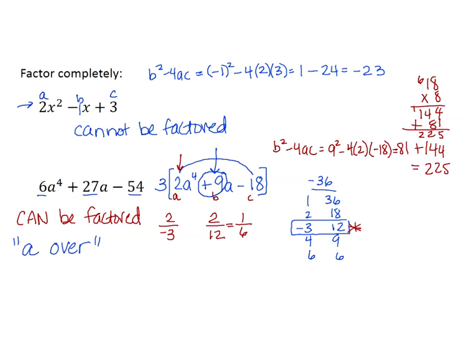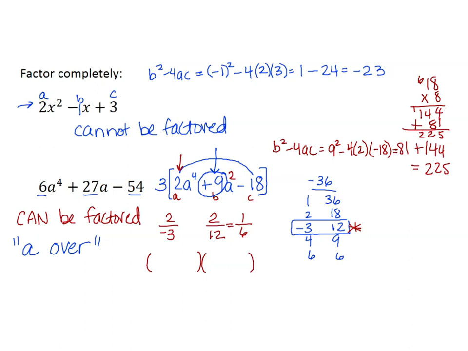The numbers on the top and bottom tell me the numbers to fill into my parentheses. So if I have a 2, that 2 is going to go right here. The negative 3 is going to go here. The 1 is going to go here. The 6 is going to go here. Oh, and there's a typo. This should have been a squared.